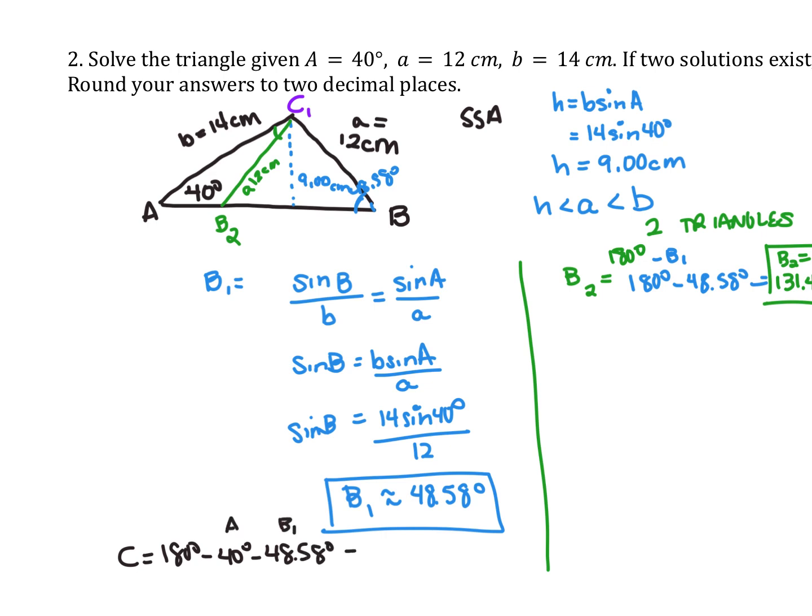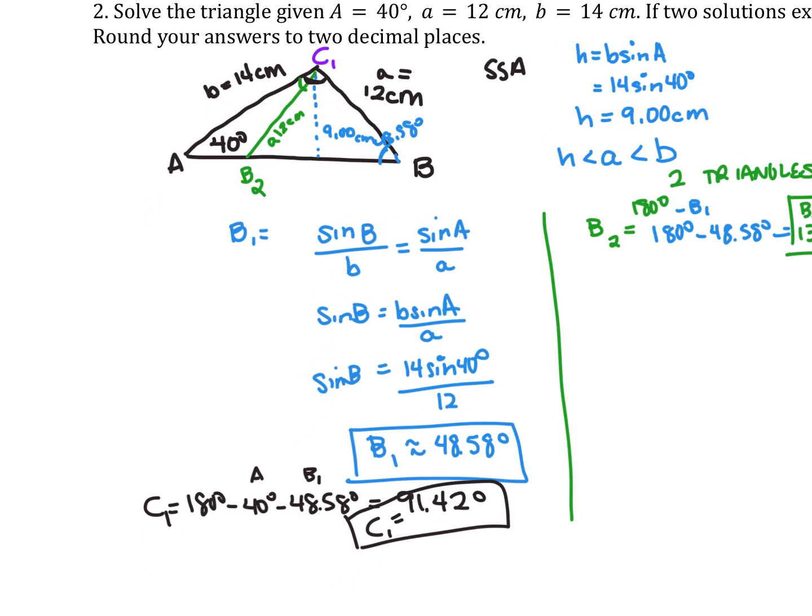So when you do that, our angle C1 is 91.42 degrees. So that is C sub 1. So that would be this entire angle right here.